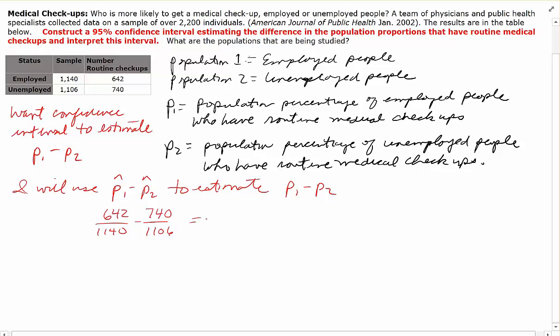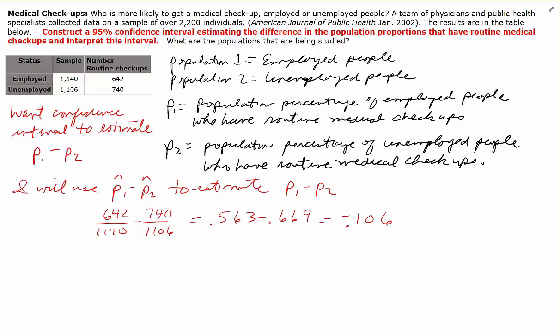So calculating this difference, I get 0.563, subtract 0.669, and that would be negative 0.106.